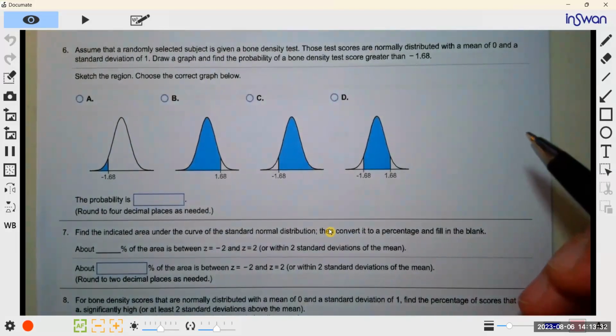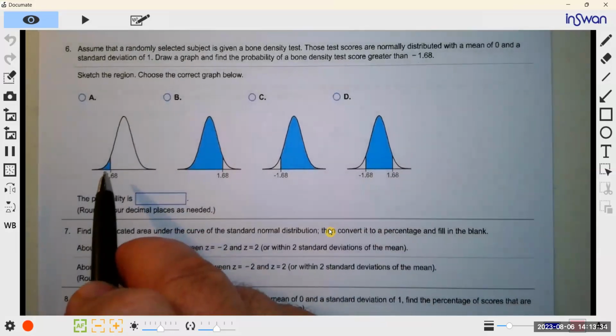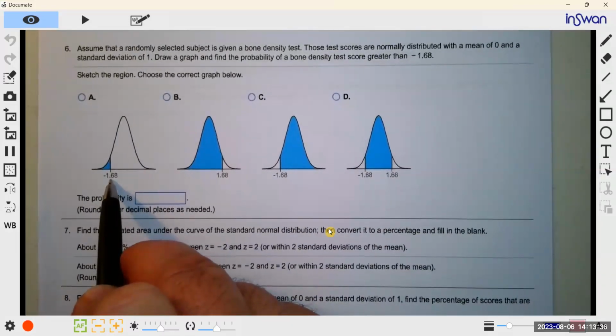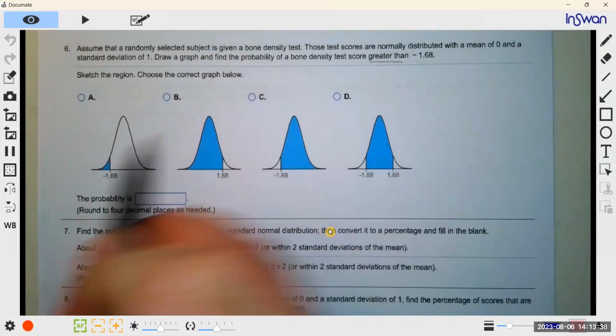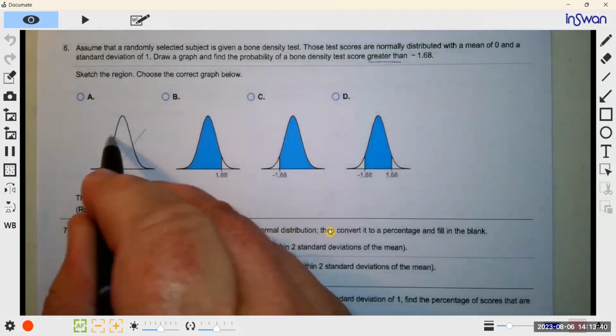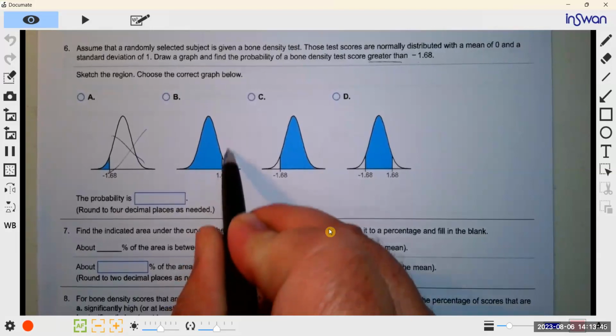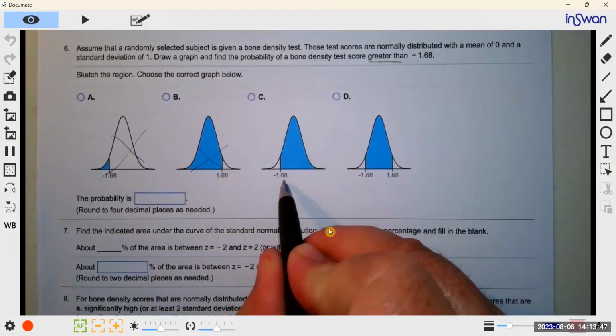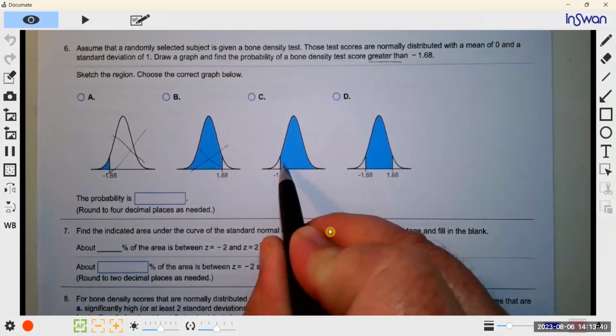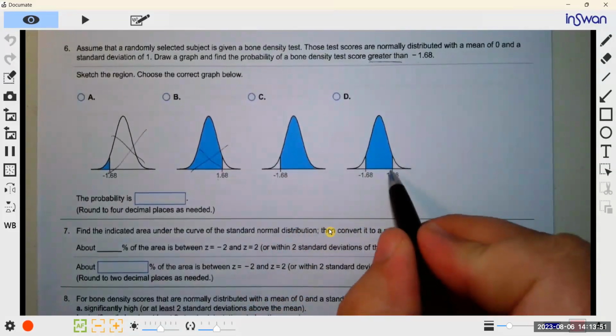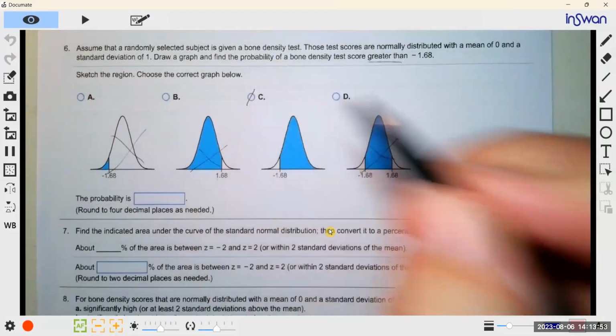So negative 1.68. It's greater than. That's less than, so that can't be right. This is less than, it's a positive number, so that can't be right. So here's negative 1.68, and it's greater than, so it has to be C.